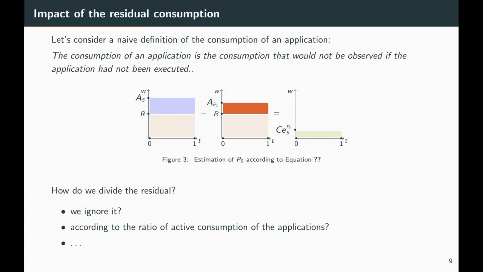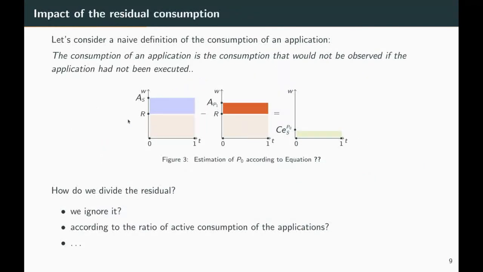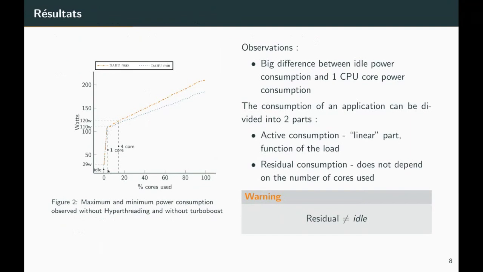As we said before, the energy consumption in our case is split into two parts. One part going from 0 to 1, that does not depend on the load but is just there to wake up the CPU, and one part of the energy consumption that depends on the activity.